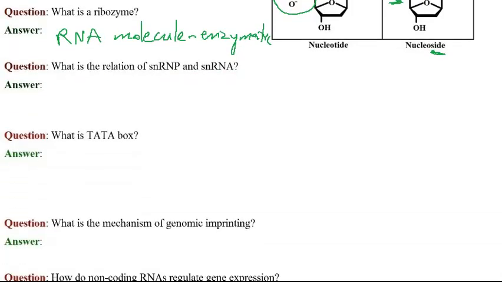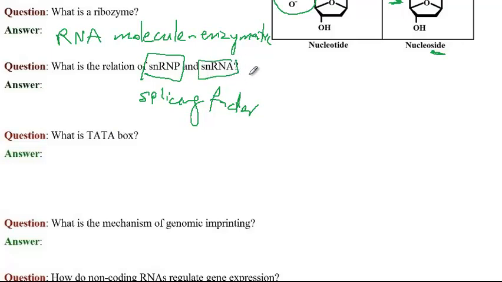What is the relation of the small nuclear ribonucleoprotein particles and small nuclear RNAs? So basically, snRNPs are splicing factors that consist of the snRNA complexed with a set of proteins.